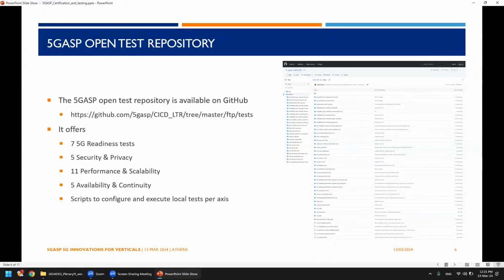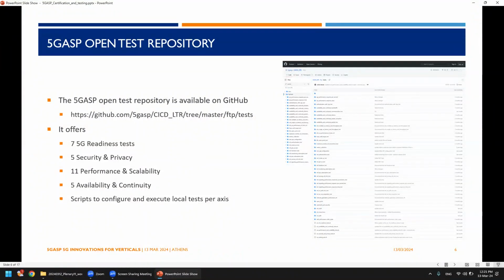So it offers 7 5G readiness tests, 5 security and privacy tests, 11 performance scalability tests, and 5 availability and continuity tests, along with the scripts that someone would need to execute to test a deployed network application in a local environment and execute all these tests per axis or all of them together.